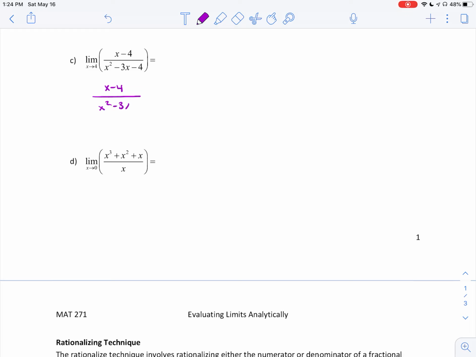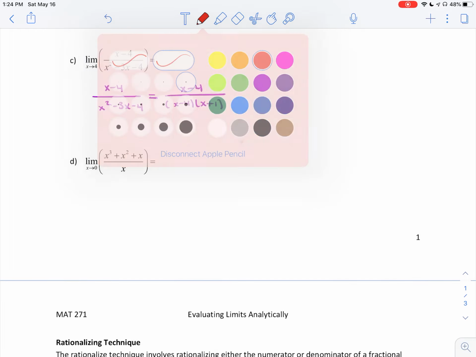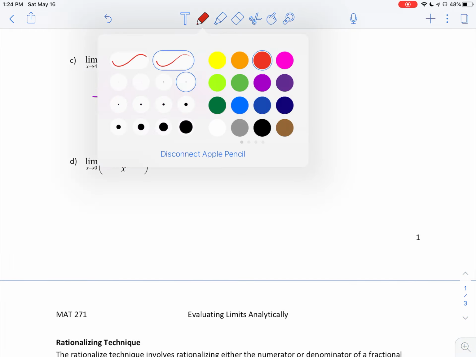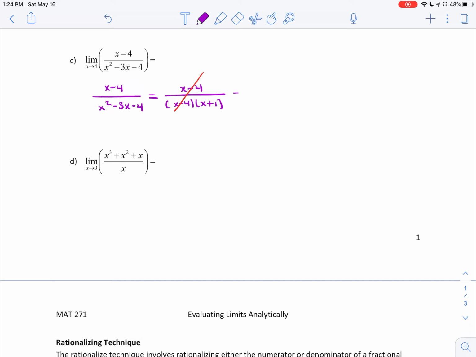So just like the others, we're going to want to factor our denominator this time. And this one's just a quadratic. You can go ahead and factor this as x minus 4 times x plus 1. And of course, the x minus 4 is going to be our common factor that we can cancel, which leaves us with 1 over the quantity x plus 1.